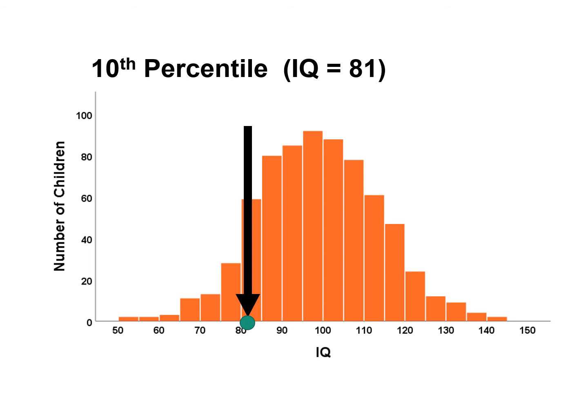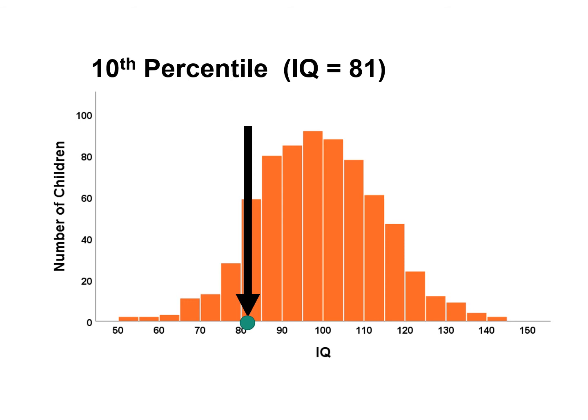If we look at the bars of the histogram to the left of an IQ of 81, the area of these bars is about 10%. So we know that 10% of children have an IQ equal to or less than 81. Thus, all the bars to the left of 81 represent those 10% of children.